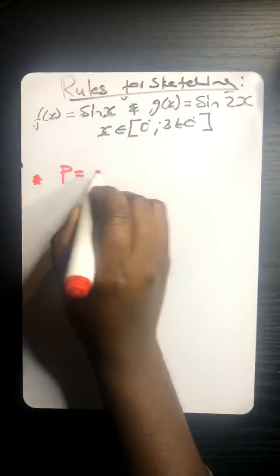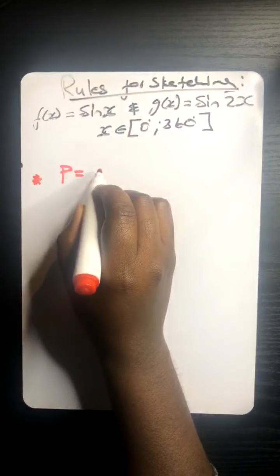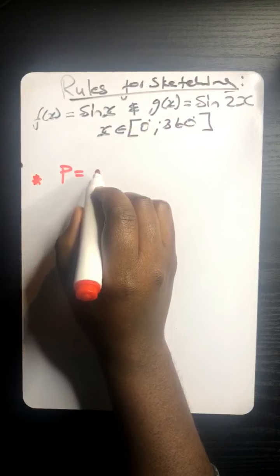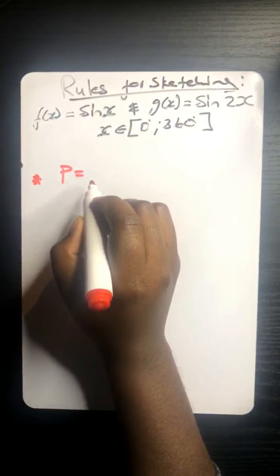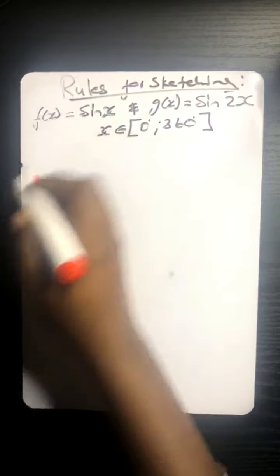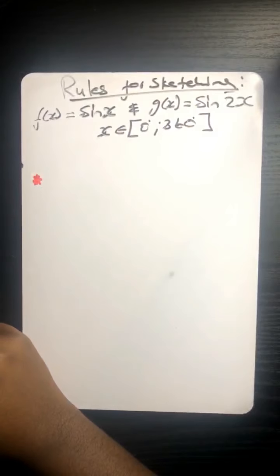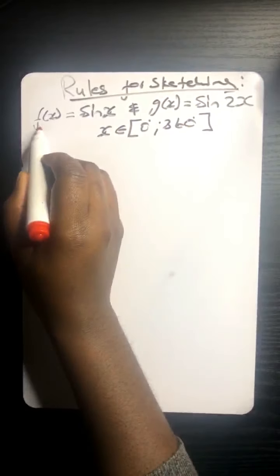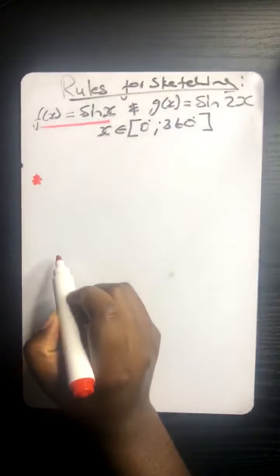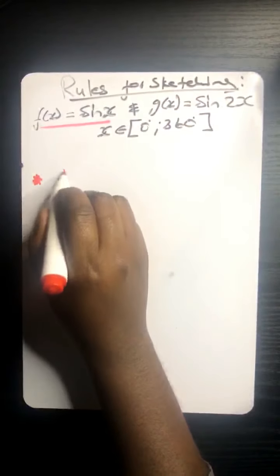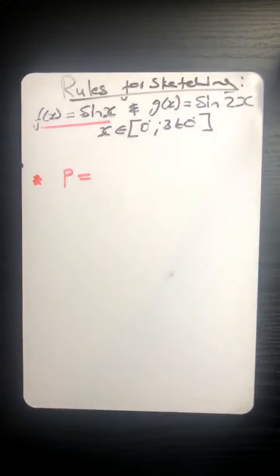The period is equal to, not necessarily the period, but the critical values. I think that's what I meant to say. Let me remove all of that. Obviously, we do know what the period is for that function. What is the period for that function, guys? Do we know?